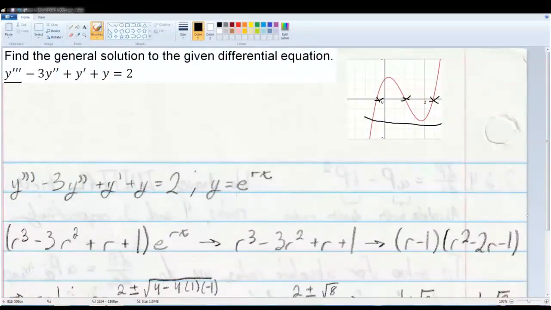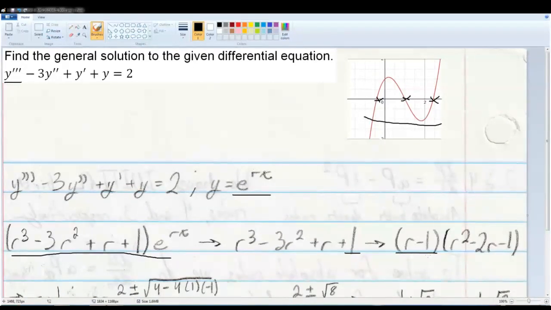So we can just use, again, e to the rx. But when we plug in, we basically end up with this. So we can factor out one term of r. In this case, the way to do it is just use the last term, plug in the factors of the last coefficient, and when the whole function equals 0, that's a root.